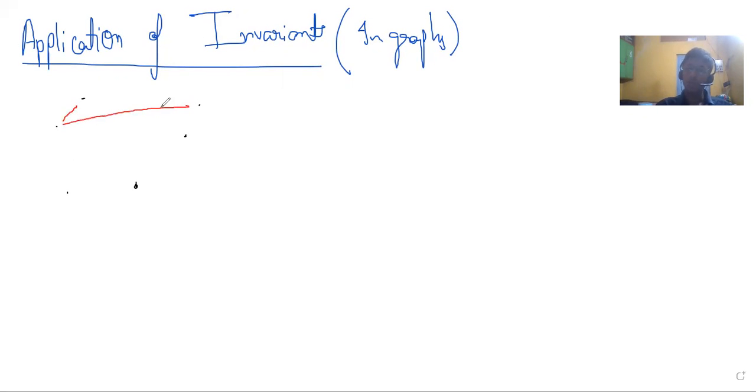So you don't need graph theory for this. It's just a simple question. It will usually in an exam be given without the language of graph theory, given as some friends and people at a party and things like that. But this is how we work.